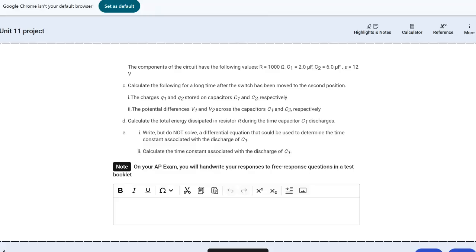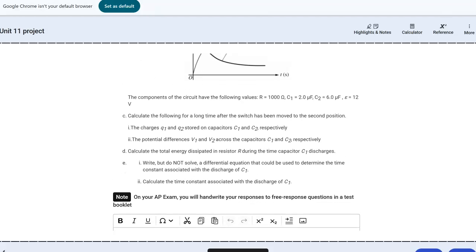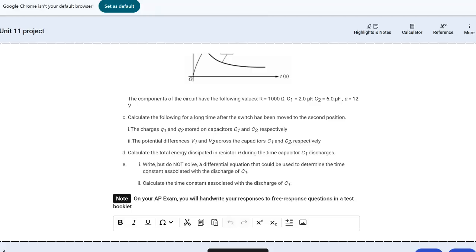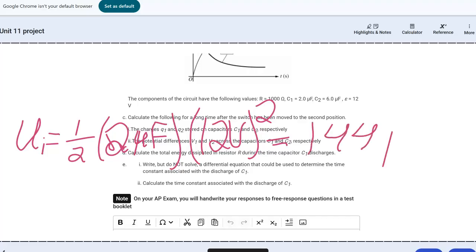Okay, now calculate the total energy dissipated in resistor R during the time C1 changes. Oh, well, that would just be U initial, and we know it's 1/2 CV squared, so 1/2 times 2, that would just be 144 microjoules.